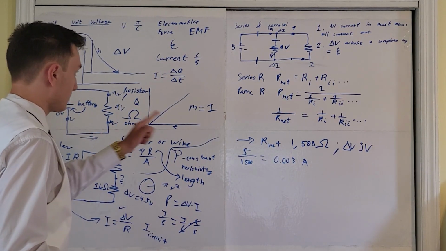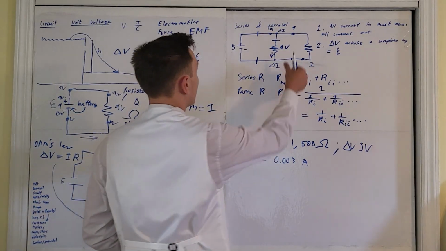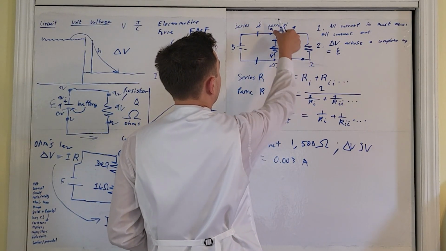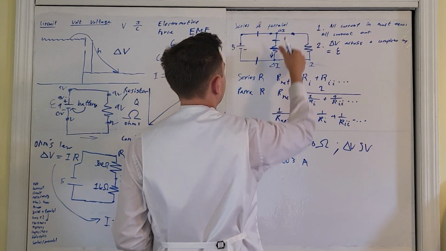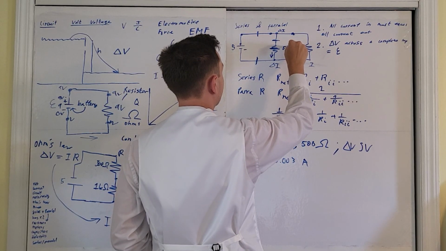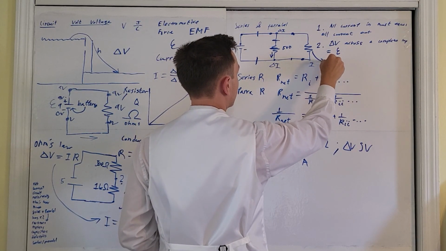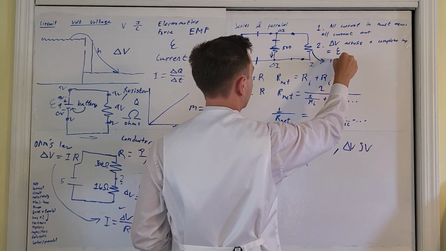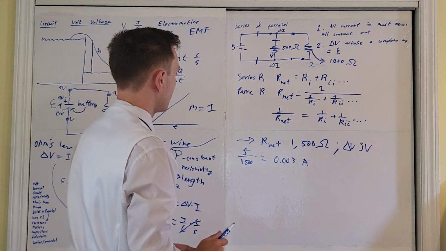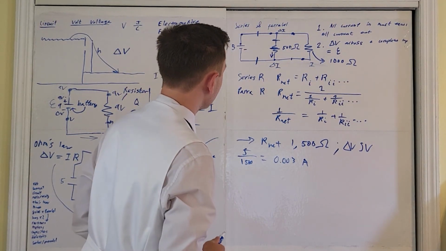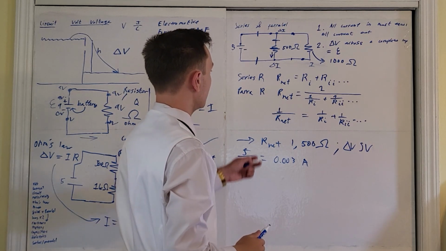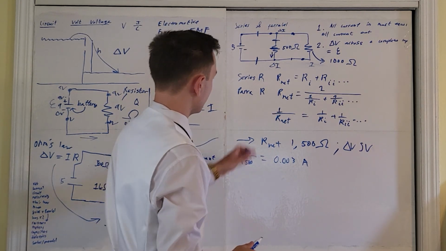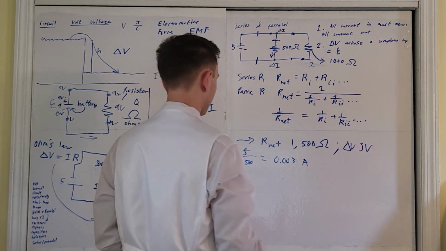So let's do the same example here. I'm dealing with a 5-volt battery, where this is a 500 ohm resistor, this is a 1000 ohm resistor. So let me calculate the equivalent resistance of the resistors in parallel, okay?